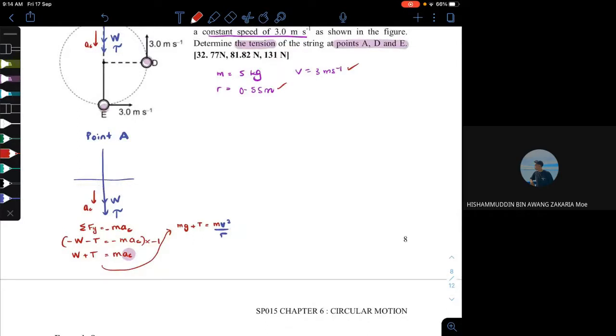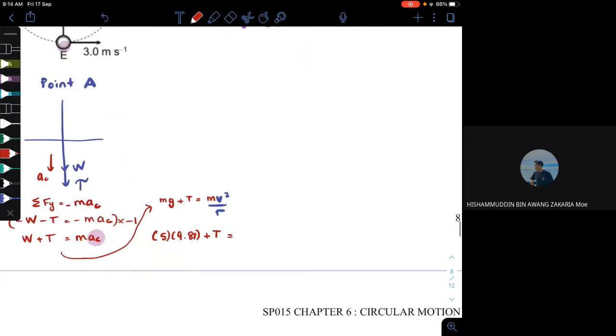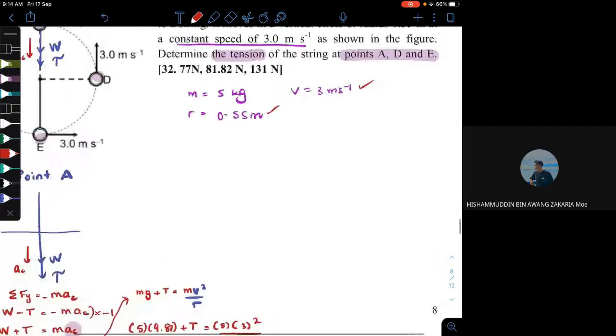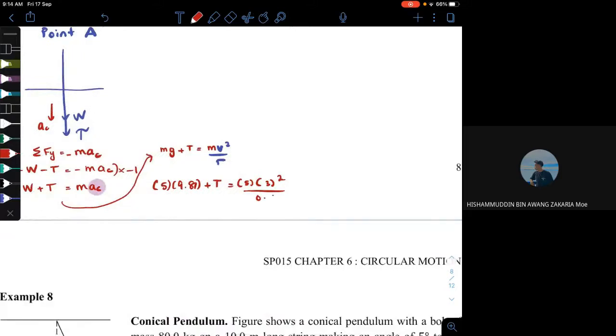So g is 9.81. Kita nak cari tension. So mass is 5. Velocity is 3 square over you punya R is 0.55. Okay. So this one kamu 5 darab 9.81, you will get 49.05 plus T equals to 5 darab 3 square bahagi 0.55.